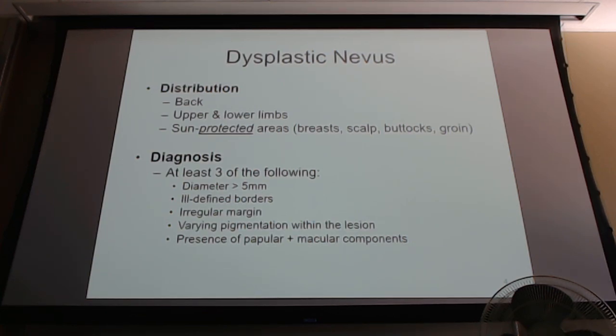Like I said, that fried egg, you will see that macula out there, but they can also have a papular center. For you to make that diagnosis, at least 3 of these things have to be happening.